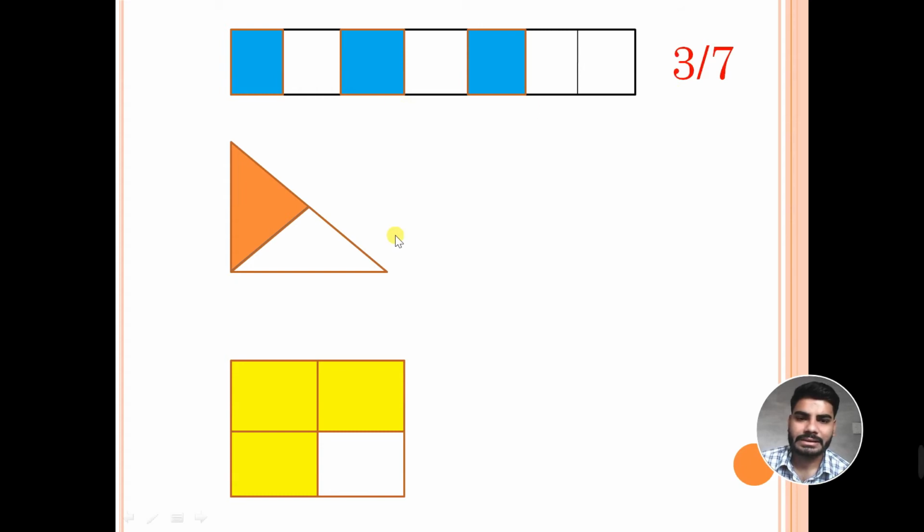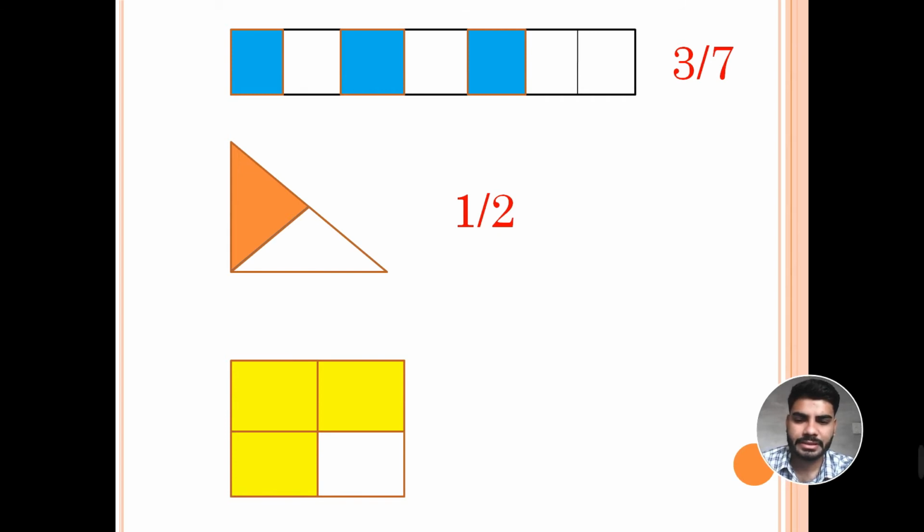Now look at the second figure. In this figure, the total number of equal parts are 1 and 2. So the denominator will be 2 and the number of shaded parts is only 1. So the fraction of the shaded part of this picture will be 1 by 2. And now look at the last picture.